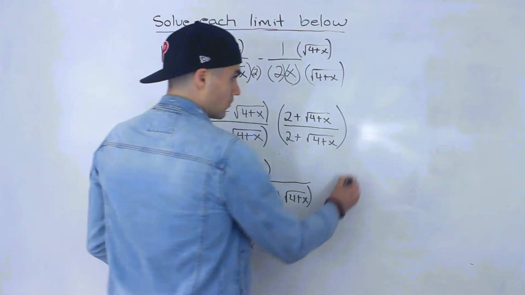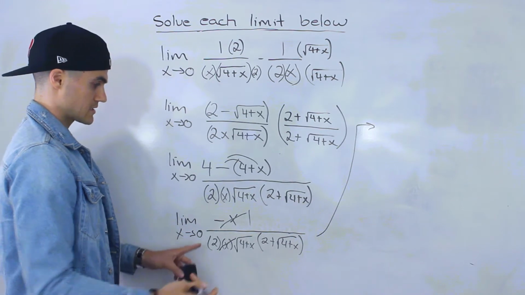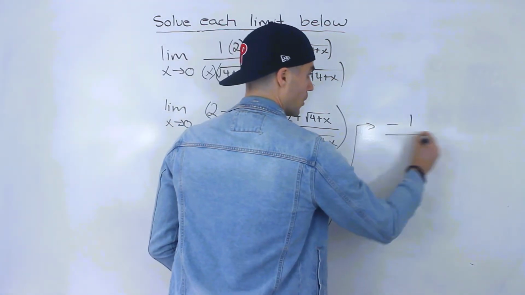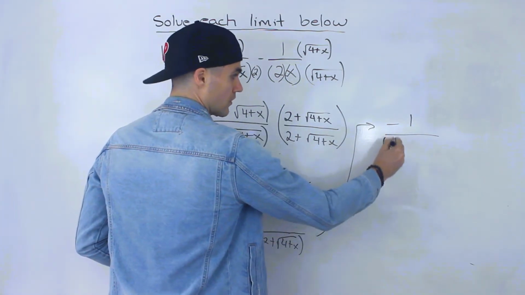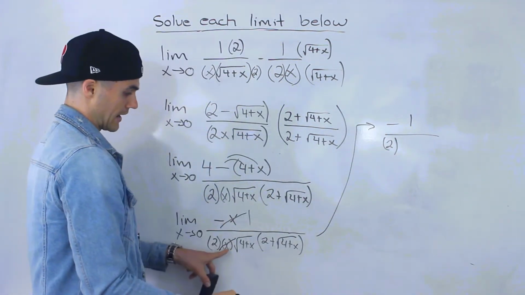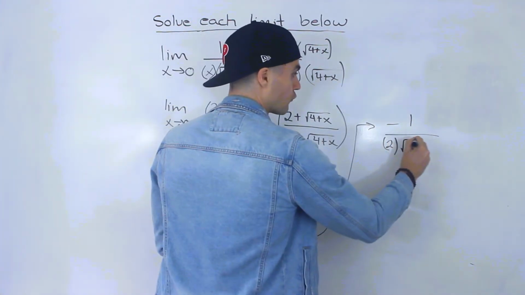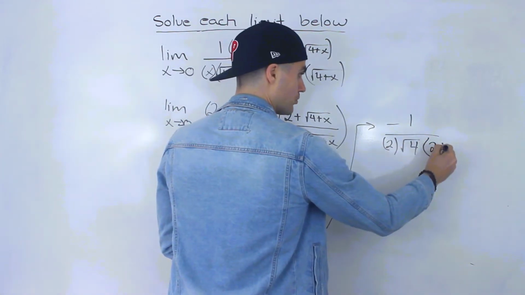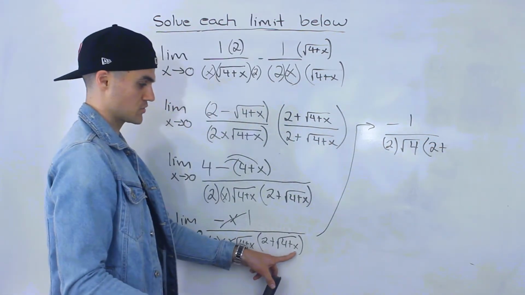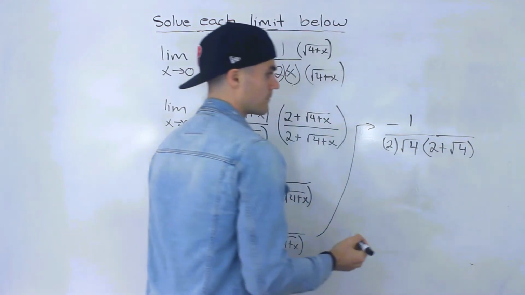And so now when we plug in that 0 for x, we'll have negative 1 up top over this 2 here. This x went away with that x, and then we have root 4 plus x. If we plug in 0 for x, we'll just be left with root 4. And then this whole factor would be 2 plus root of 4 plus 0, so we'll just have root 4 right there.